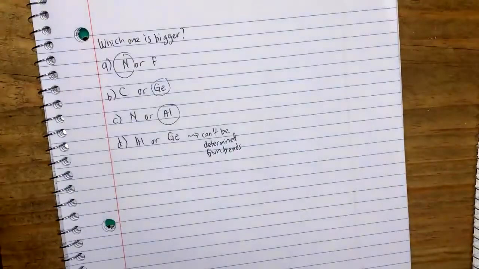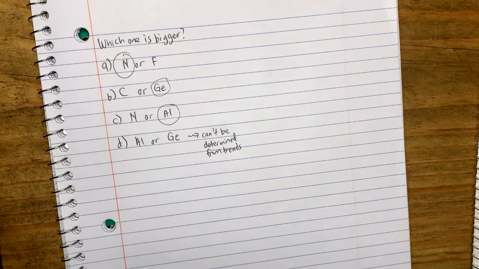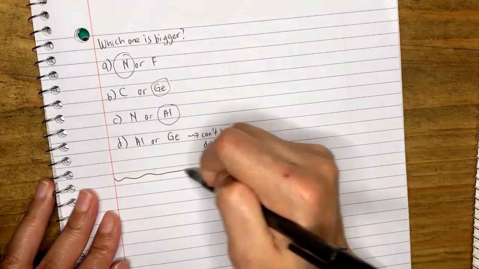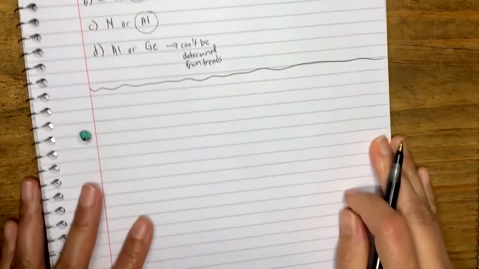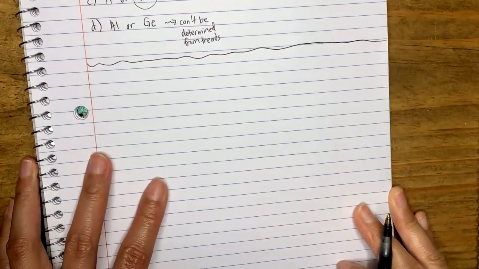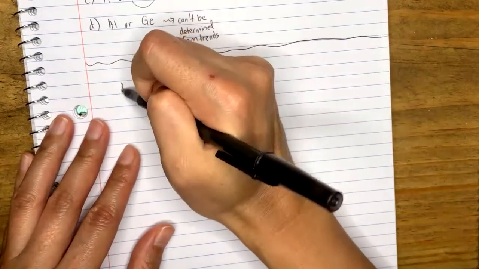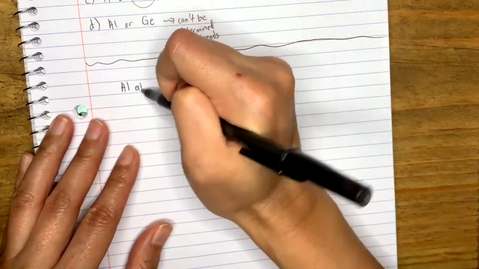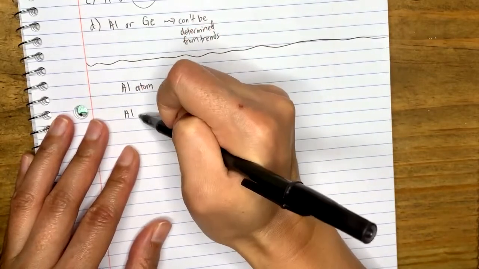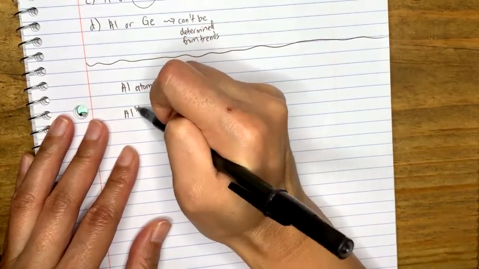Okay, let's keep going. We want to talk about sizes of ions now, okay? So let's talk about ions. So when we talk about ions, let's compare an atom to a cation, an atom to an anion, okay? So aluminum atom versus aluminum 3+, okay?